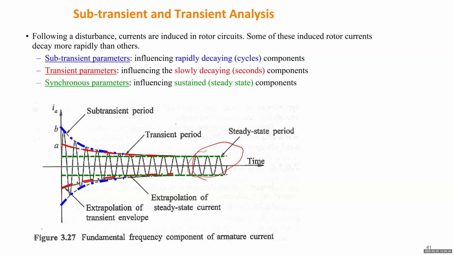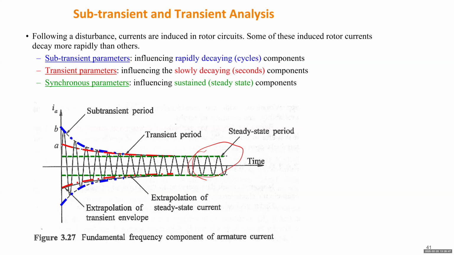Okay, so for those three types of dynamics, we need to define names of parameters related to or categorizing those dynamics. Any parameter which helps categorize the sub-transient dynamic, we call a sub-transient parameter. Usually we use a double prime.